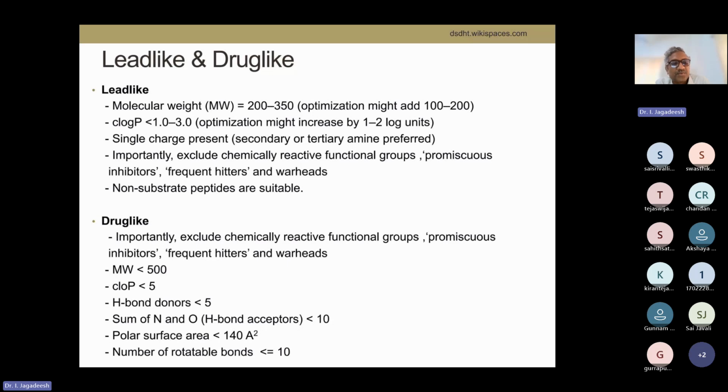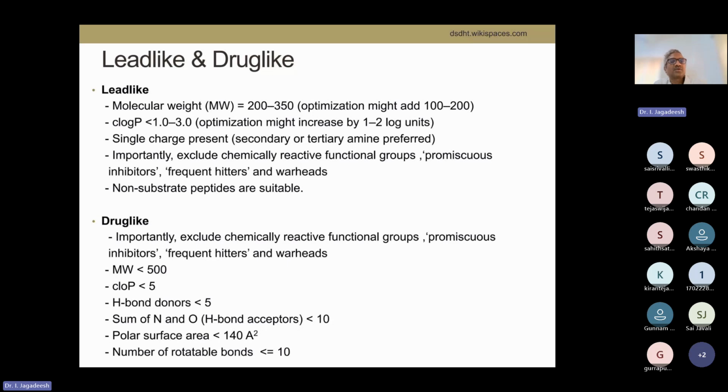The first four are Lipinski's rule of 5. These are all important to exclude the reactive compounds, the frequent hitters and warheads, if you consider these criteria. Whereas the lead-like molecule will not meet this, which we need to consider very much in the early stages.